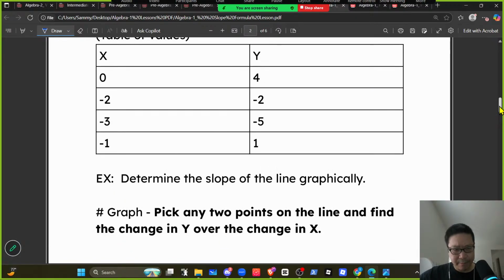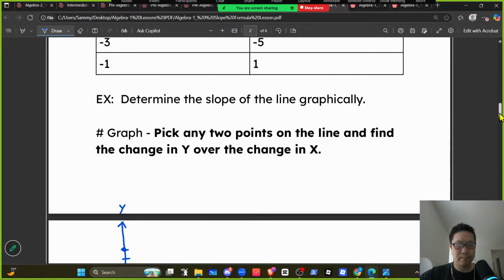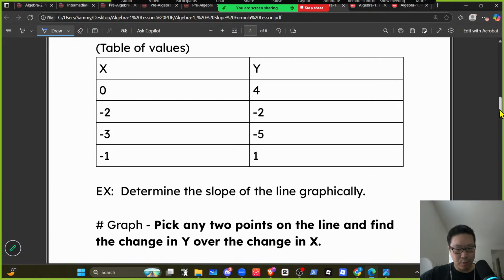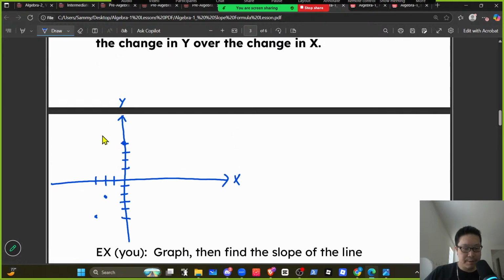And then we have -3 and -5. That would be somewhere over here. And then for the last one, we have -1 and 1. Connect all the points.